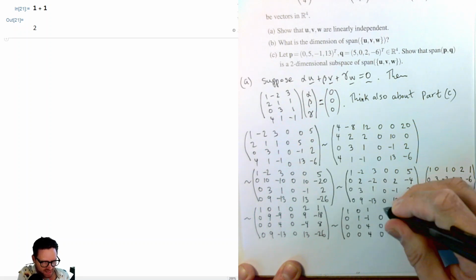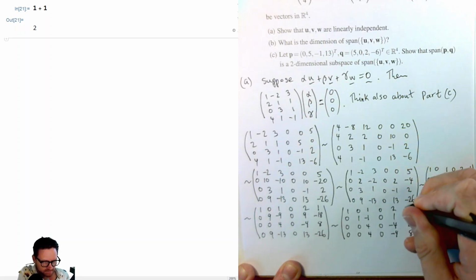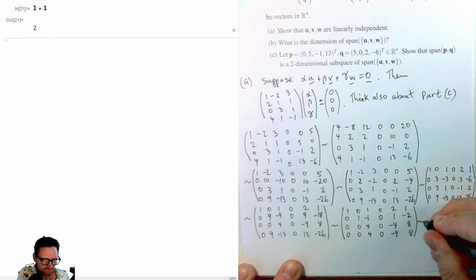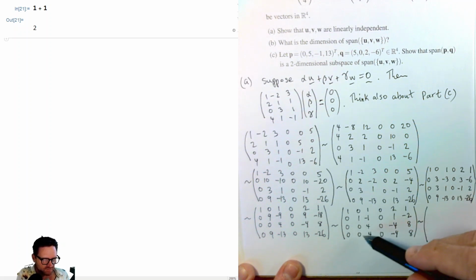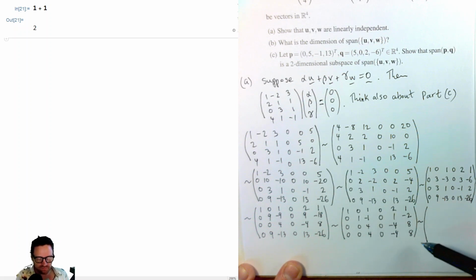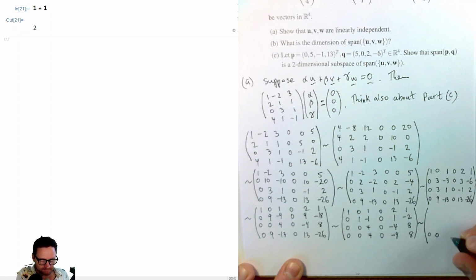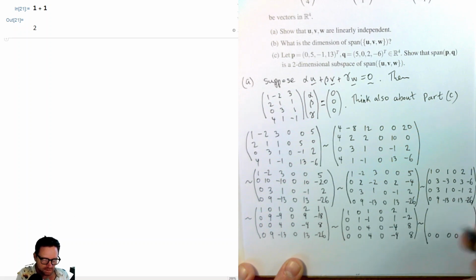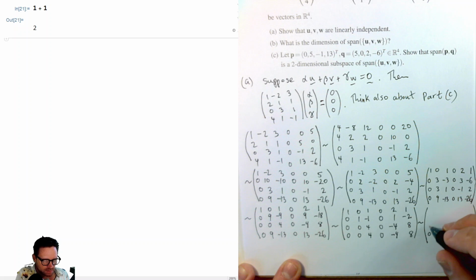Keep row 1 the same. Okay, we have a row of zeros down the bottom because we can replace row 4 with row 4 minus row 3. And then let's replace row 3 with 1/4 of row 3.